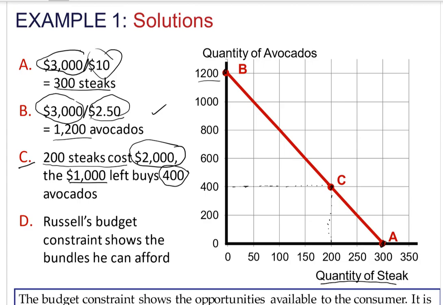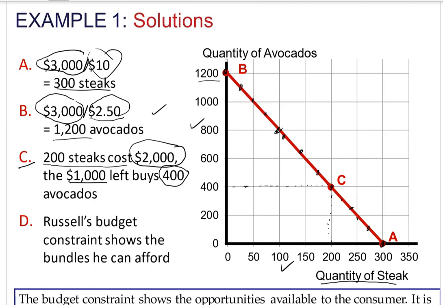Now this is Russell's budget constraint. In other words, given his income, any point along this line is feasible to him. He can afford any combination of quantities of the two products. So he may want to buy this many avocados and this many steaks.